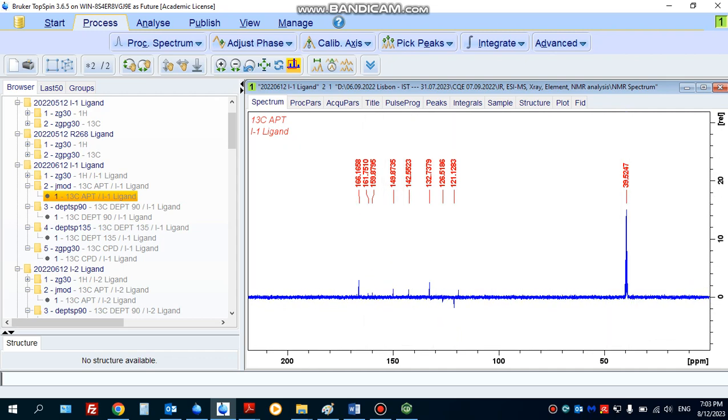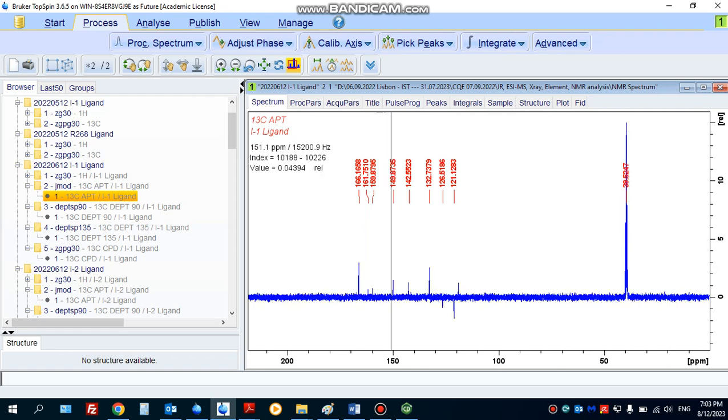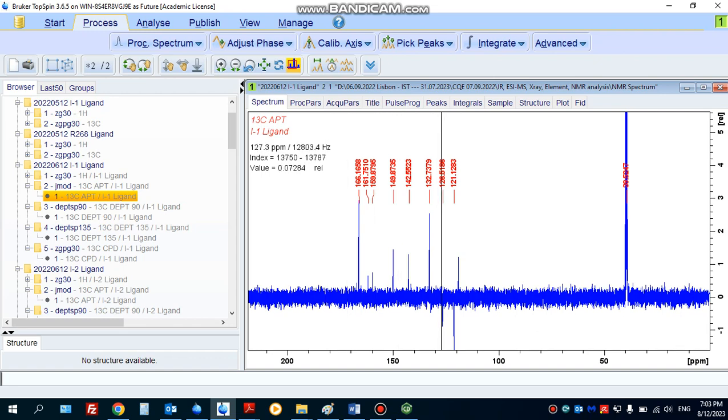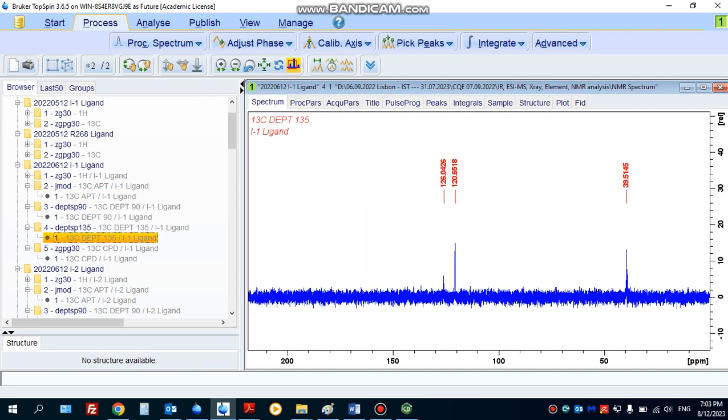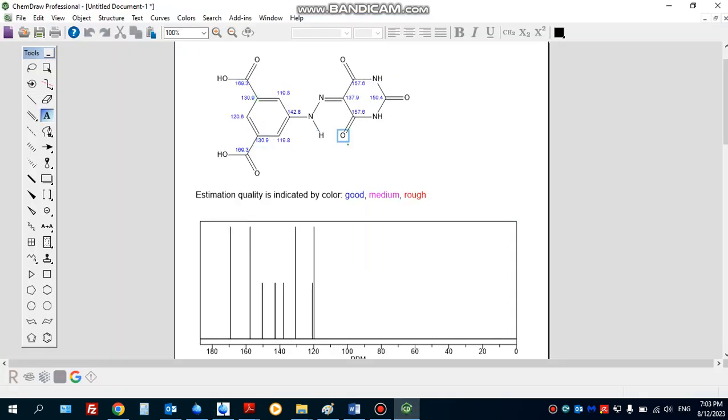If you compare 13C CPD and 13C APT, the only difference is that 2 peaks are downside, but almost all 8 peaks are visible here and here. But if you go to DEPT 90 and 135, there will be only 2 peaks. So what it's showing us is that with DEPT 135 we can identify CH, CH3 and CH2 groups.